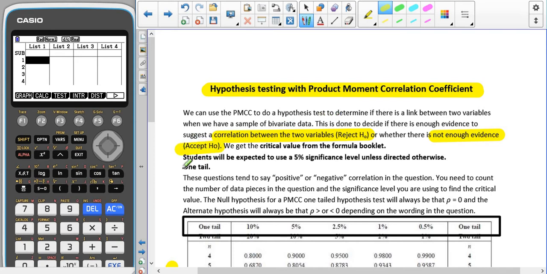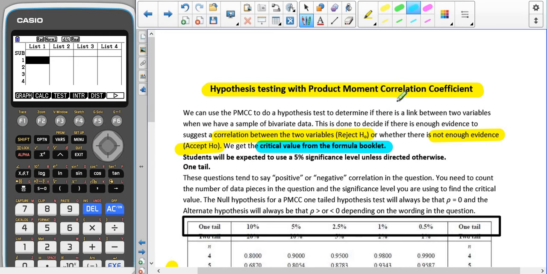So our H0, or what we call null hypothesis, is going to be saying that we haven't found any difference. And our H1 is going to be saying that we have found a positive, negative, or some kind of correlation. So the critical values for this test are found in your formula booklet.